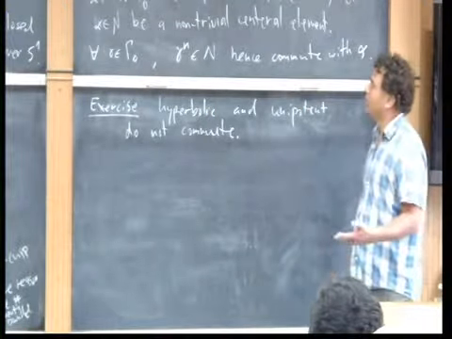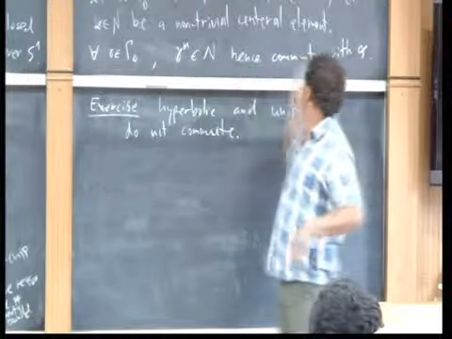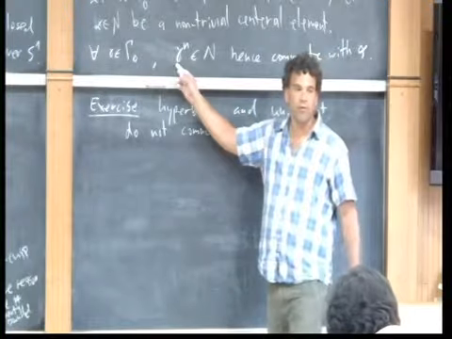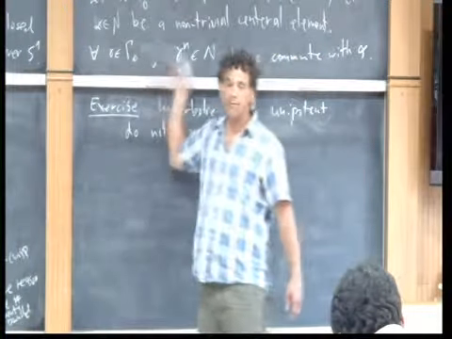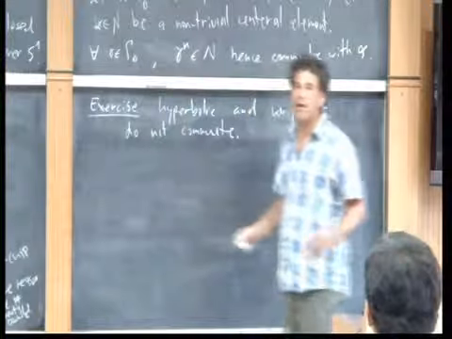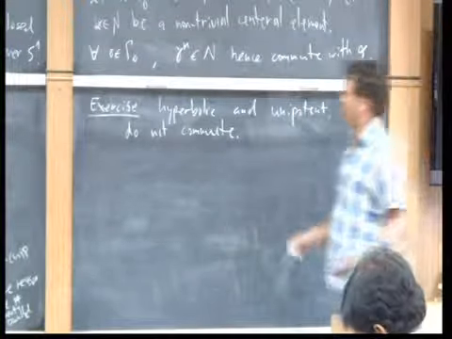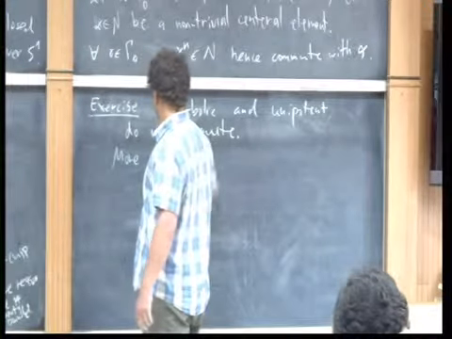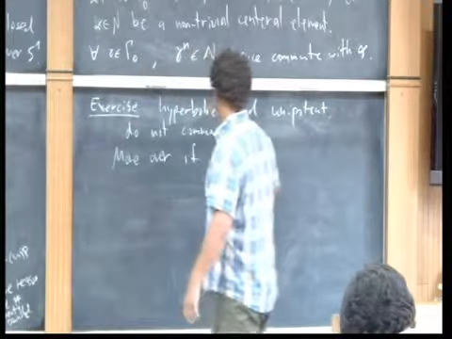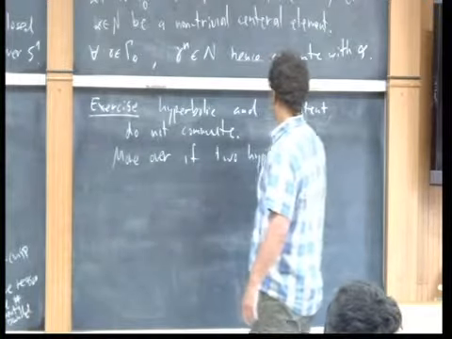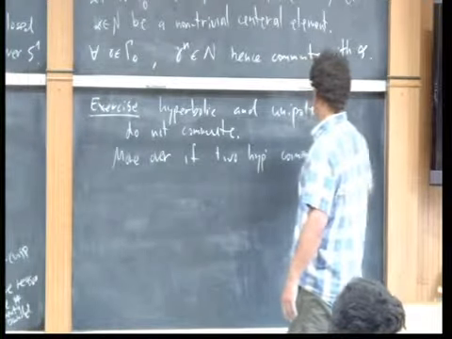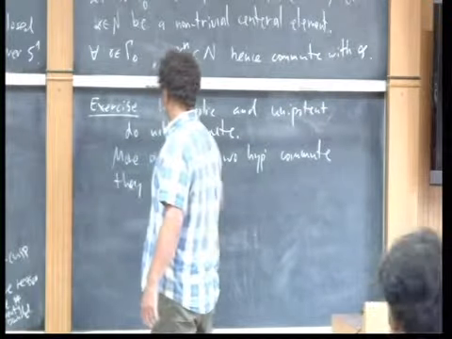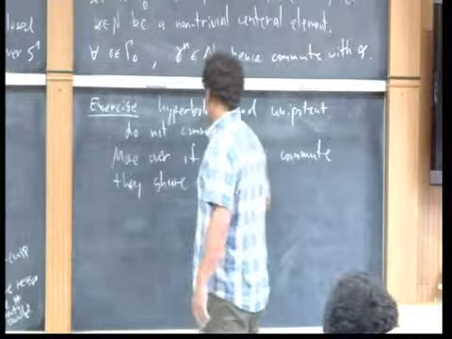Okay, so suppose that this alpha is hyperbolic. Then gamma to the n commutes with it, so it's also hyperbolic. But gamma commutes with gamma to the n, so gamma is hyperbolic. Moreover, if two hyperbolics commute, they share a common axis.